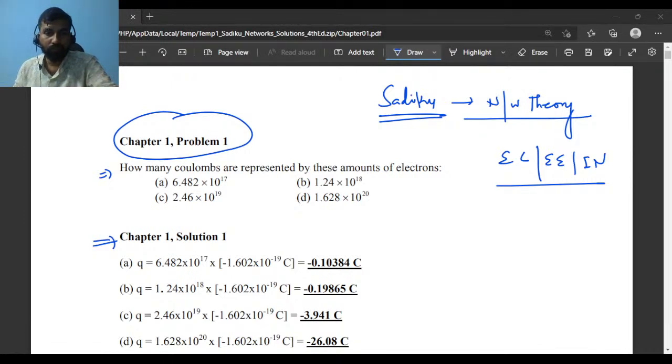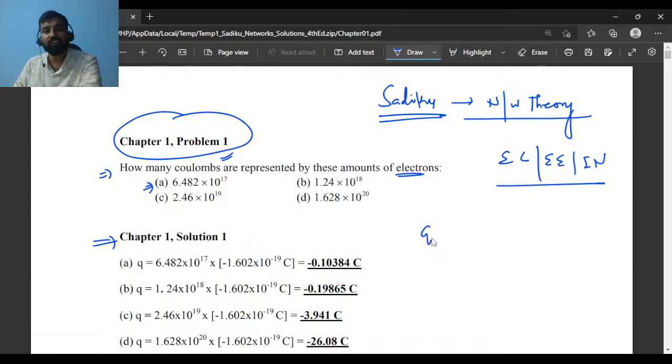So you can see here this is the Sadiku book. The first question is how many coulombs are represented by this amount of electrons. The number of electrons is 0.482, and you have to find how many coulombs, so you have to find the charge.